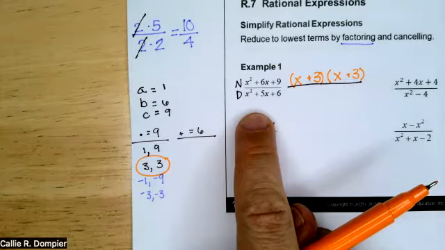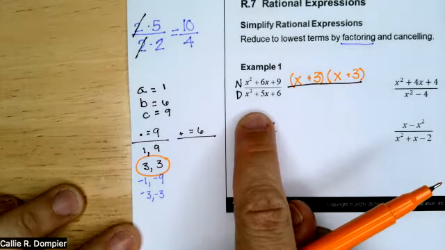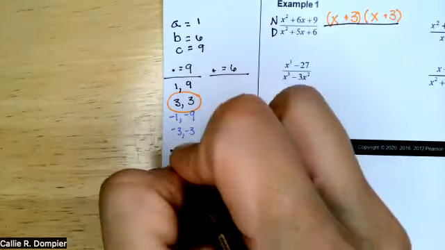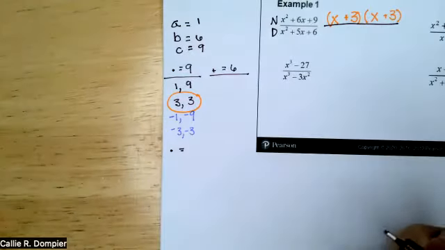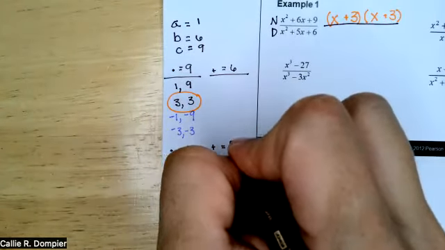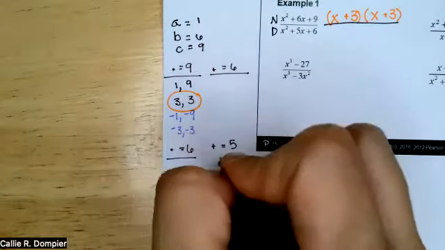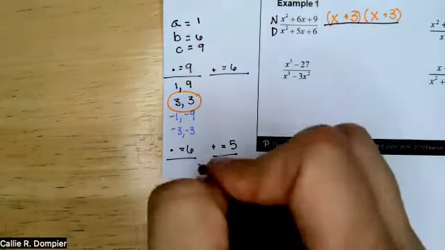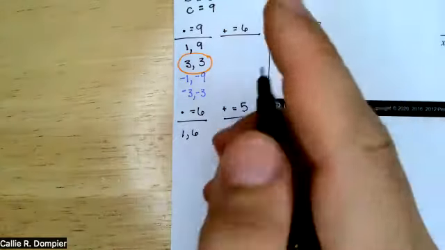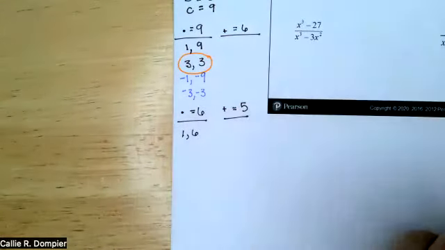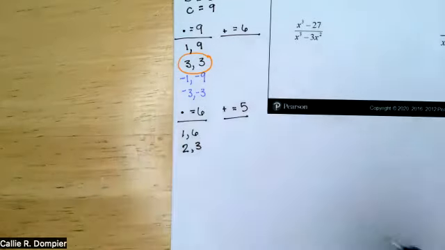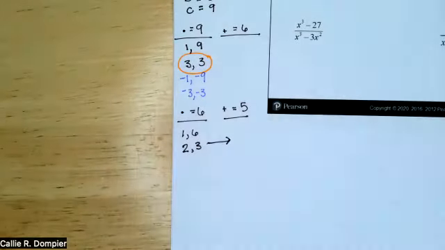Down here on the bottom, I have x squared plus 5x plus 6. So again, we want it to multiply to equal c, which is 6, and add to equal 5. Multiples of 6 are 1 and 6. Because it's positive 5, I'm just going to pick the positive factors of 6, 1 and 6, or 2 and 3, right? 2 and 3 add to 5.